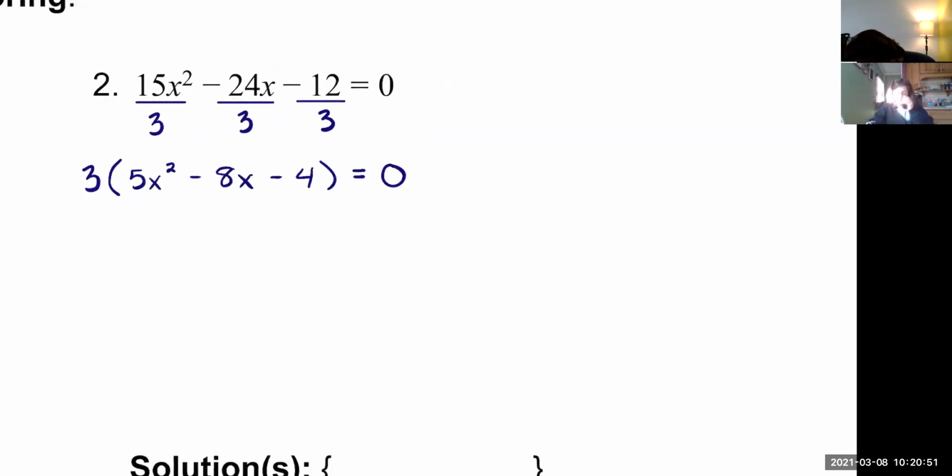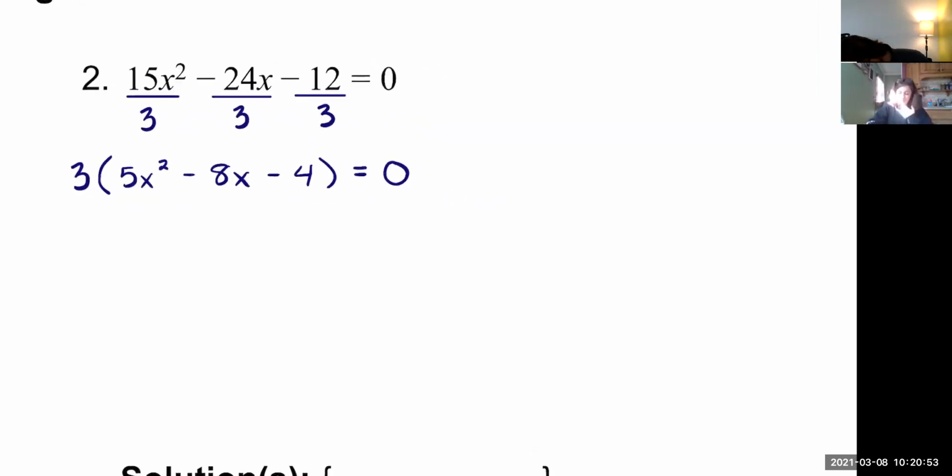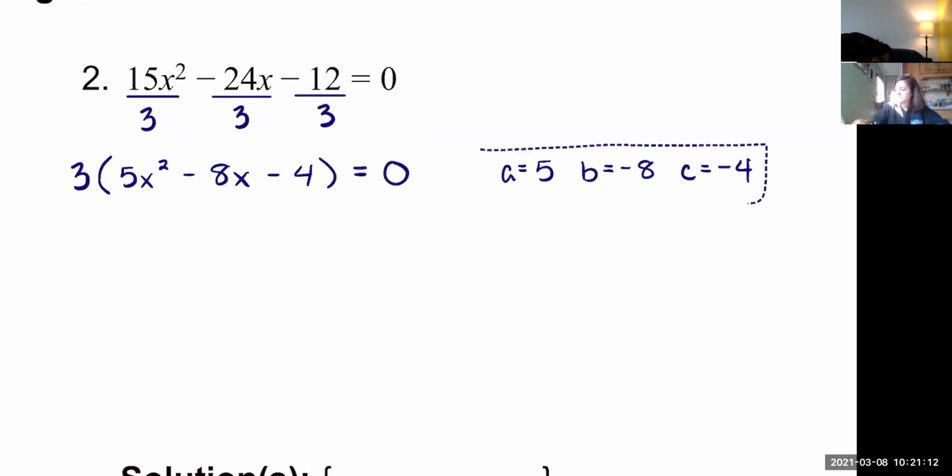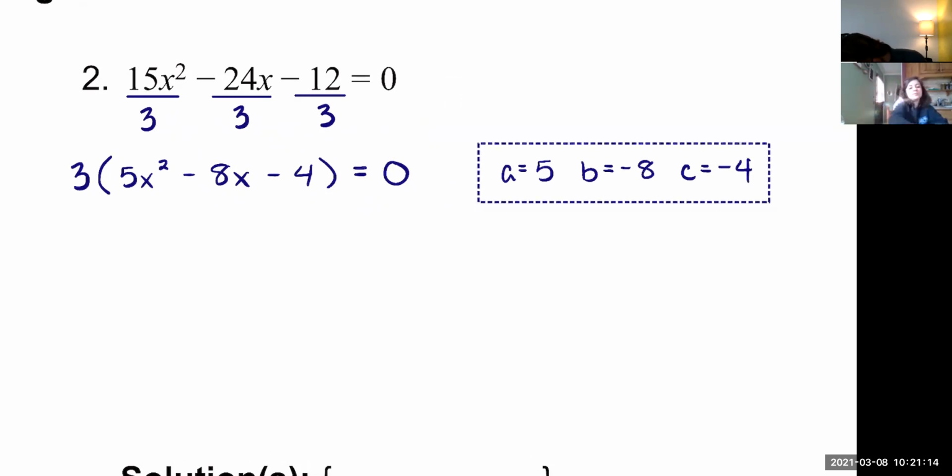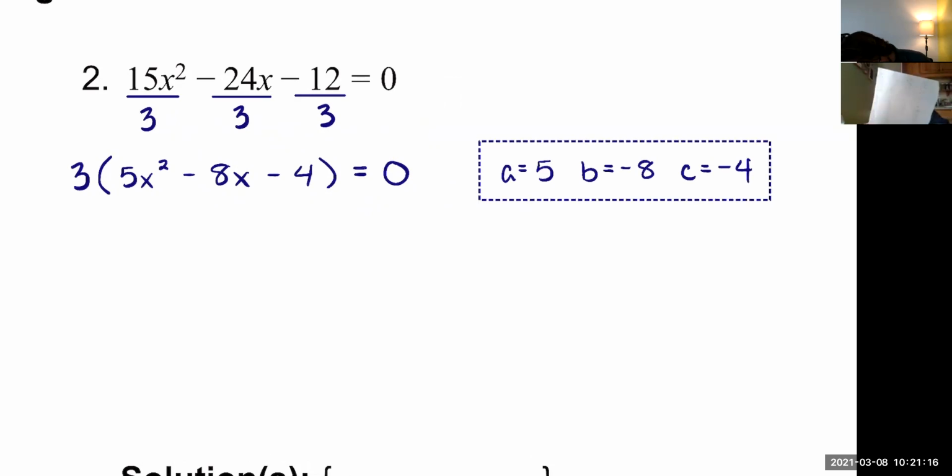So off to the side here, I still need to try to factor it. So what's my A? 5. My B is -8, and the C is -4, because we're trying to factor this completely. So I'm thinking asterisk method here.